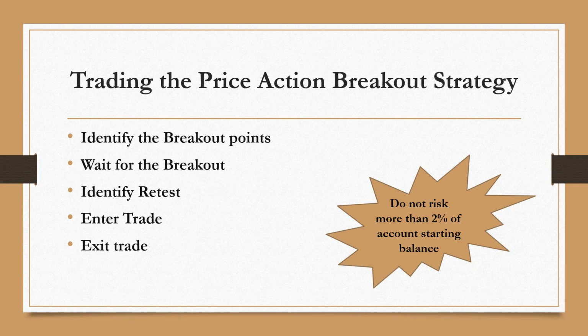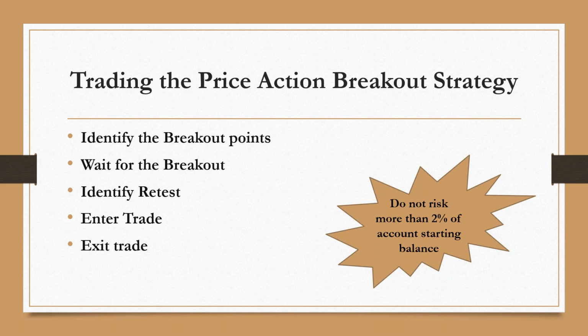Or two, I entered at the wrong time. So my analysis could have been correct, the trade overall could have gone in my direction, but I entered at the wrong time. And for that reason, I had to get out of that trade.